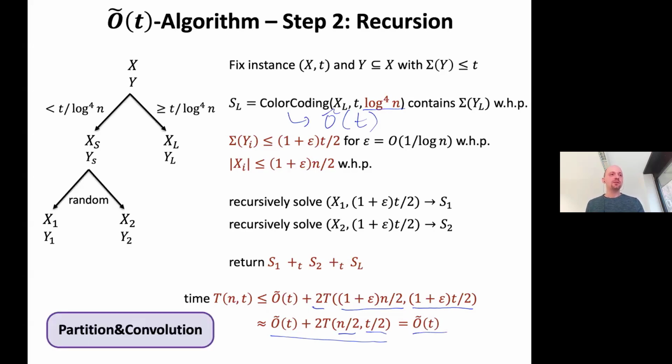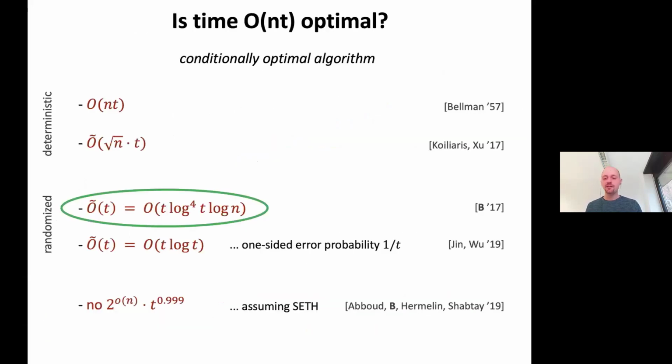Good, and again, this was a partition and convolution, right? We take out the large items and the small items, we randomly partition into two parts, and then we combine everything using the appropriate convolution, which in this case is computing the subset sum. All right, so this was an overview of how you can solve subset sum in near linear time in T.